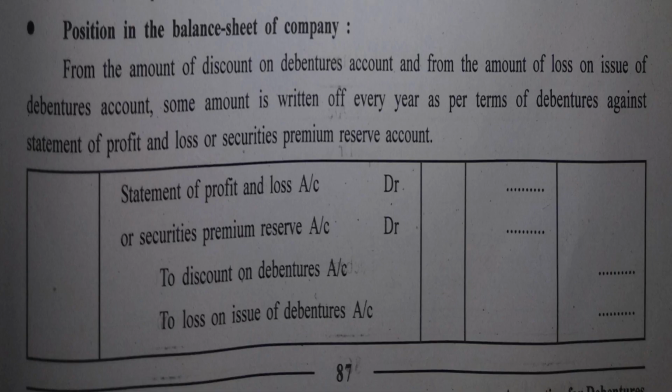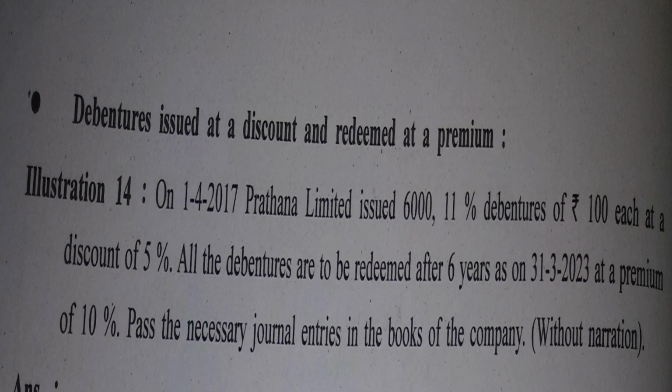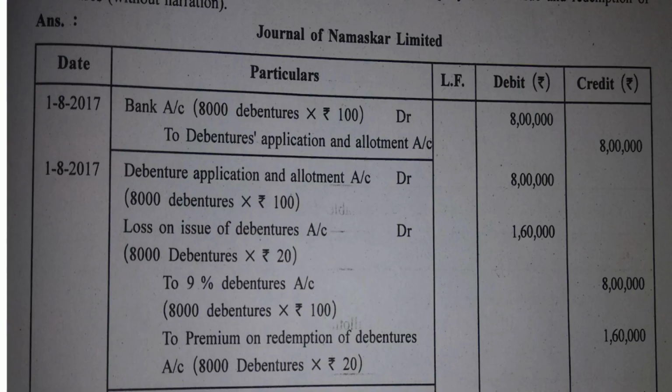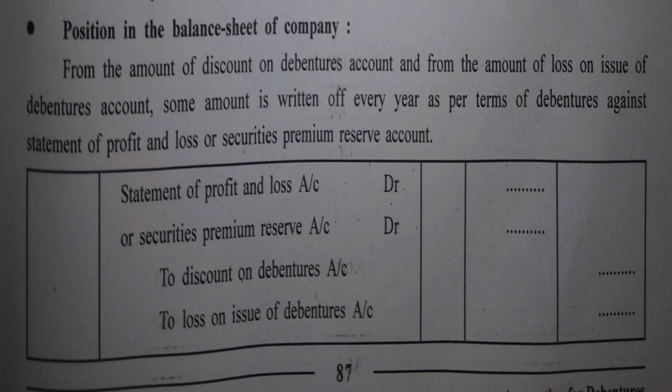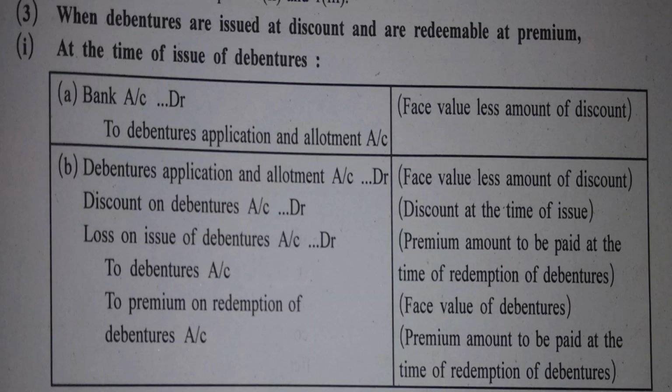Let me just check if illustration 14 is the same case. No, it says it is issued at discount. So we have to study the third case for solving illustration 14 and not the second. So we are going to study the third situation.